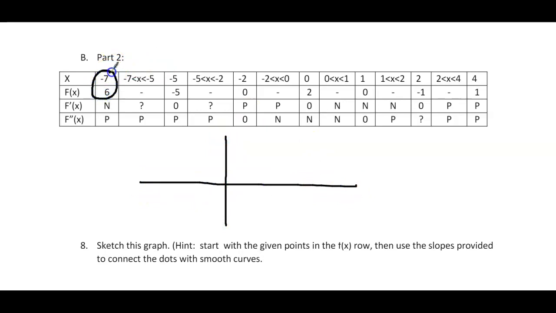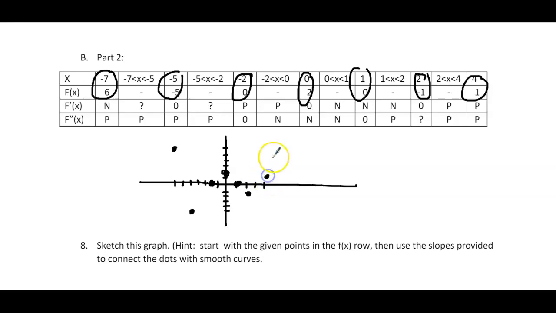So let's plot our points. (-7, 6). (-5, -5). (-2, 0). (0, 2). (1, 0). (2, -1). (4, 1). All right.